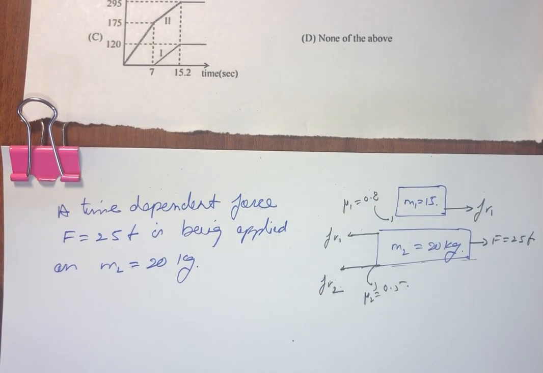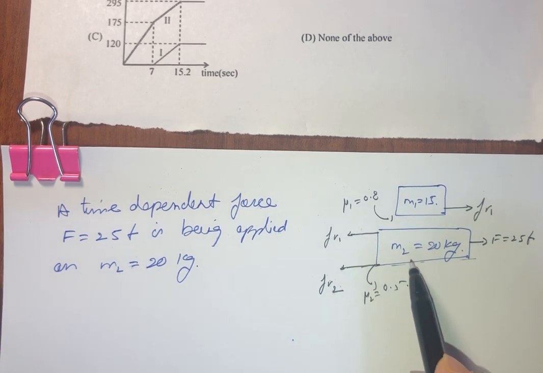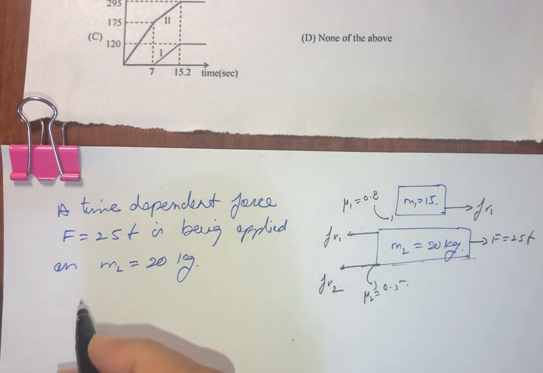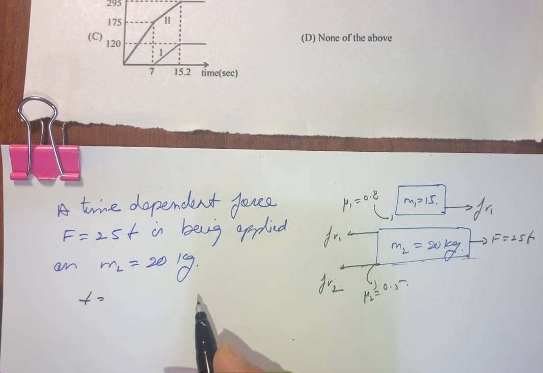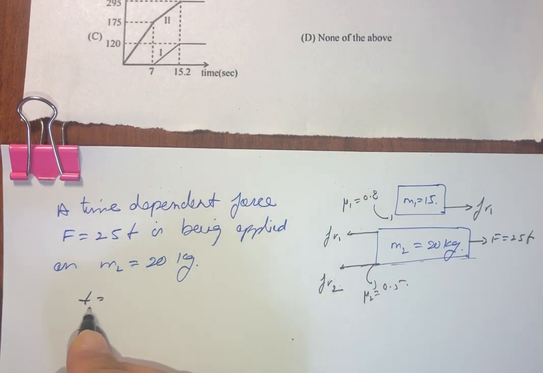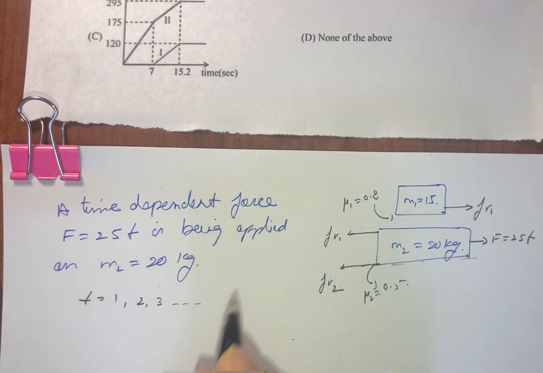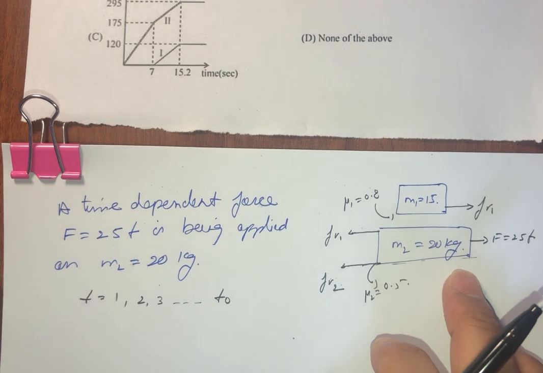First of all, we are going to find out that particular value of the time at which this M2 will try to move. Usually what is going to happen, this time t, let's consider it in seconds, it's not mentioned here. So time, let's suppose, is being increased in differences of 1 second, 2 seconds, 3 seconds, and t0 is the time when this 20 kg block is going to move.